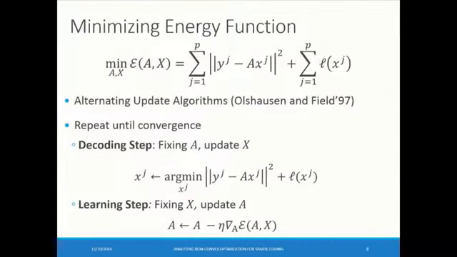You can, for example, use L0 sparsity or L1 sparsity. The exact form of this penalty is not relevant to this talk, but certainly you can think of, say, L1 sparsity. We want to minimize this energy function over A and X, because both A and X are not known.